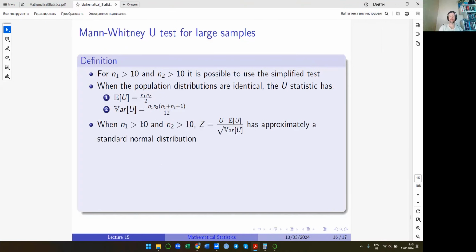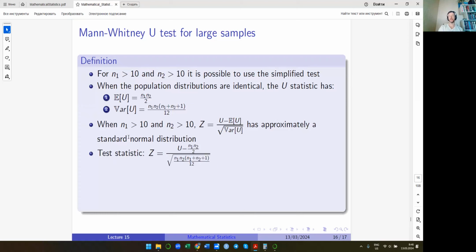And when the samples are larger than 10, then the following Z statistic, familiar to us, has approximately standard normal distribution. That statistic is U minus the expected value of U over the square root of the variance of U. This is the standardized variable familiar from the previous course of statistics, and it has a standard normal distribution.